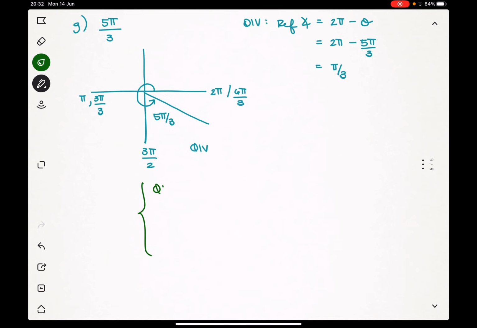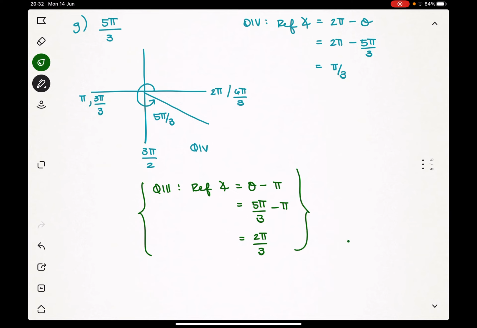So if we have quadrant 3, the reference angle equals the angle minus pi. So if the angle is 5 pi over 3 minus pi, this is 2 pi over 3, right?